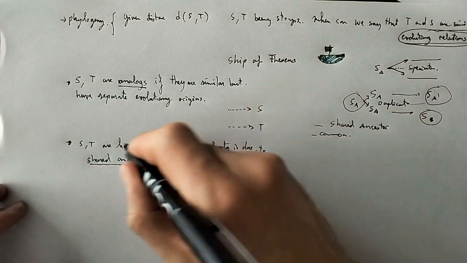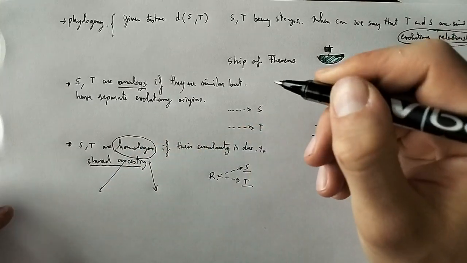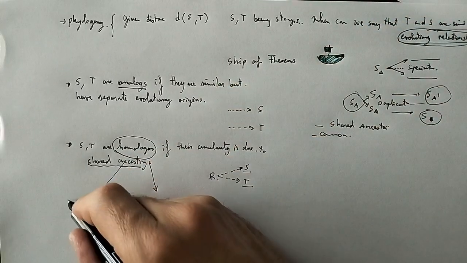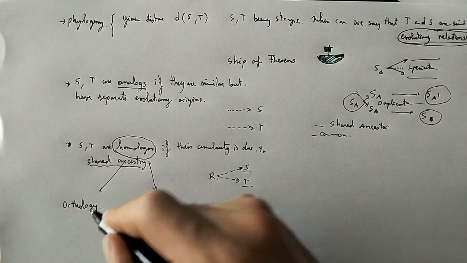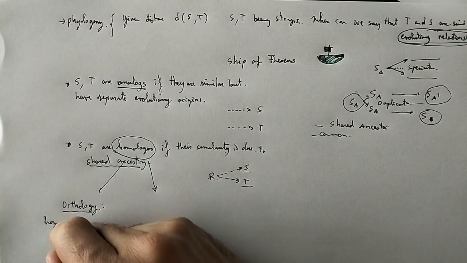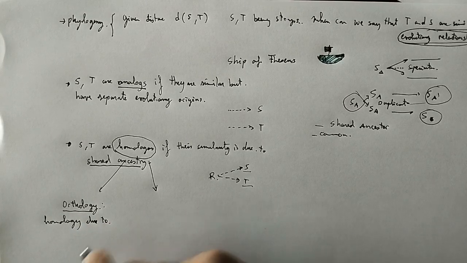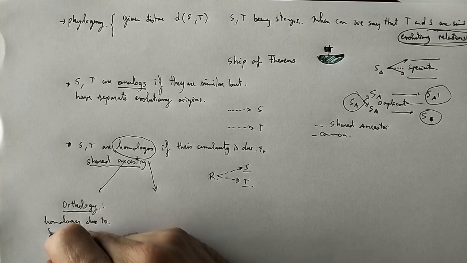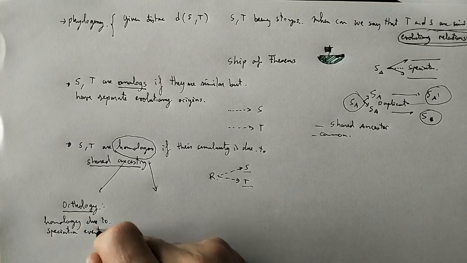And this homology can be split in two variants. The first one will be orthology, when homology is due to speciation events.